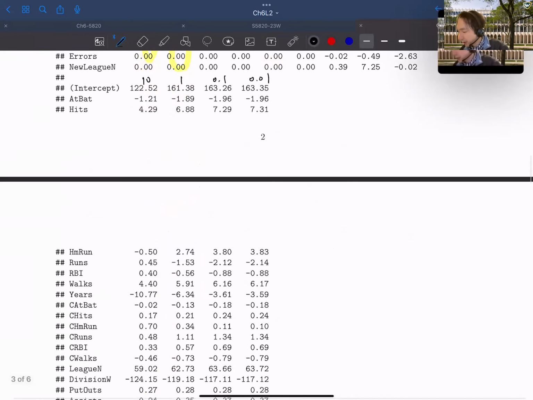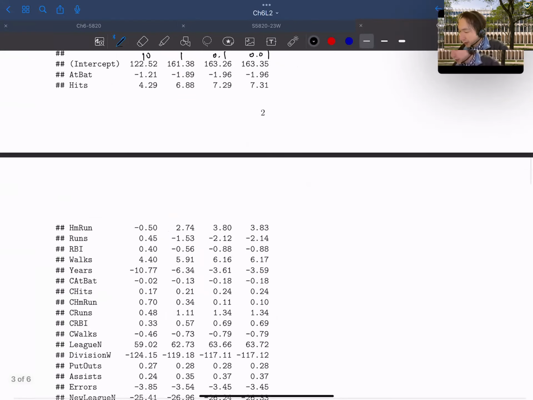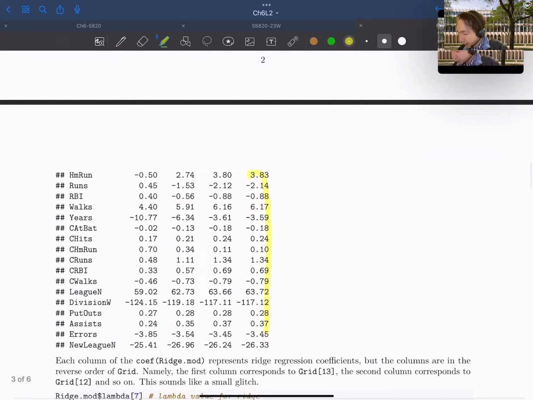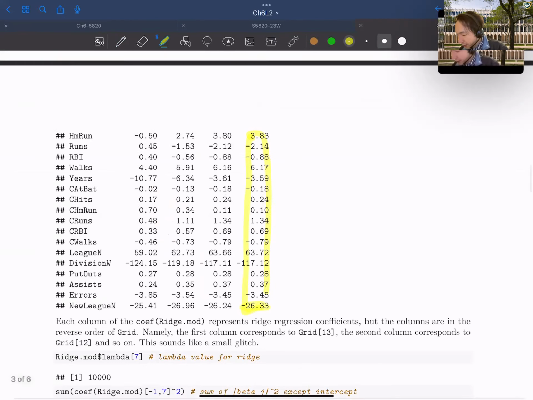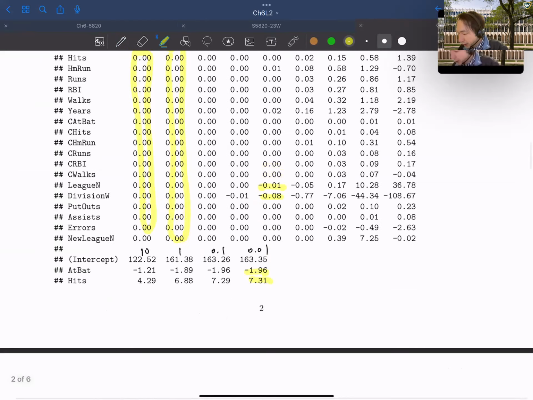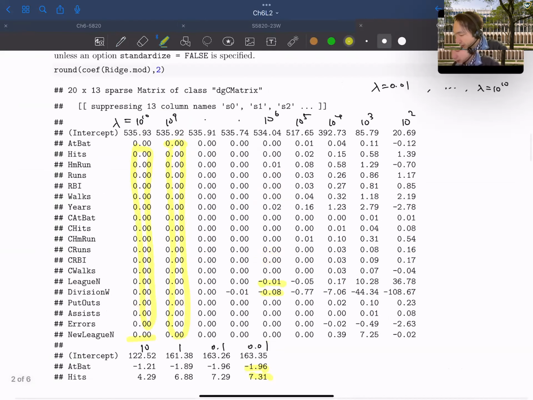With lambda equal to 0.01, we have pretty large coefficients, all large, for example maybe the last one, negative 26.33. And here is 0.